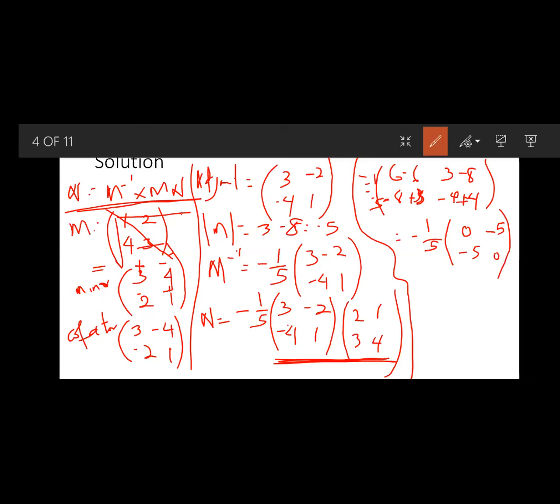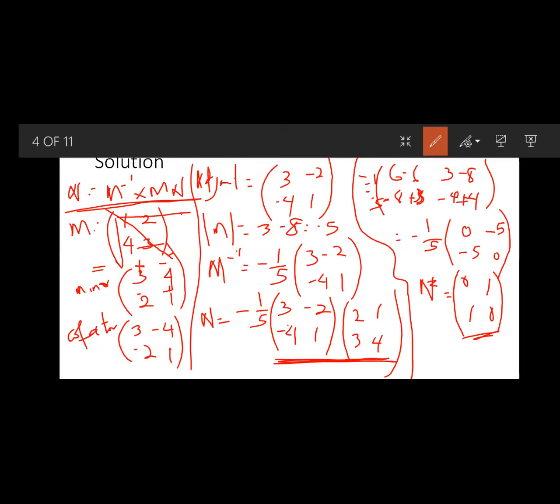So minus 1 over 5 times 0 is 0. Minus 1 over 5 times minus 5, you cancel the minus and cancel the 5, so we have 1. Minus 1 over 5 times minus 5 will also give us 1. Minus 1 over 5 times 0 is 0. So it means the value of our N will be equal to [0, 1; 1, 0].